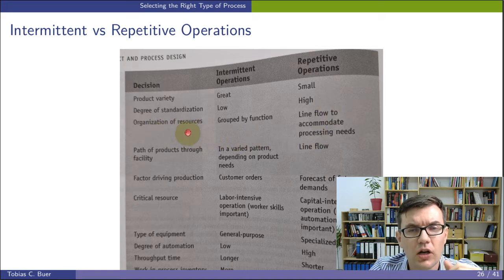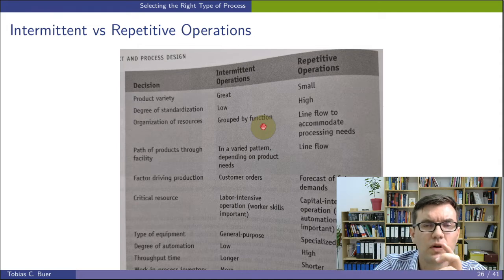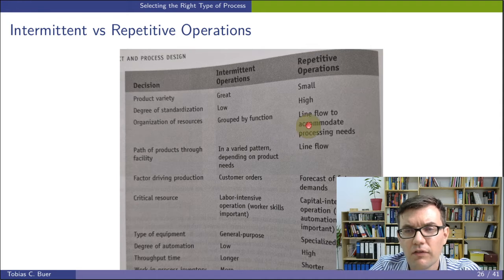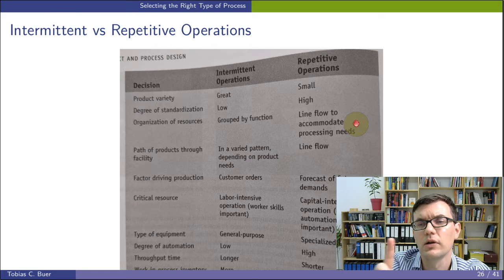How do we organize the equipment, the manufacturing resources? For intermittent operations, we usually have them grouped according to different functions, and we move our product manually between the different groups. For the repetitive operations, we usually have a line flow organized.